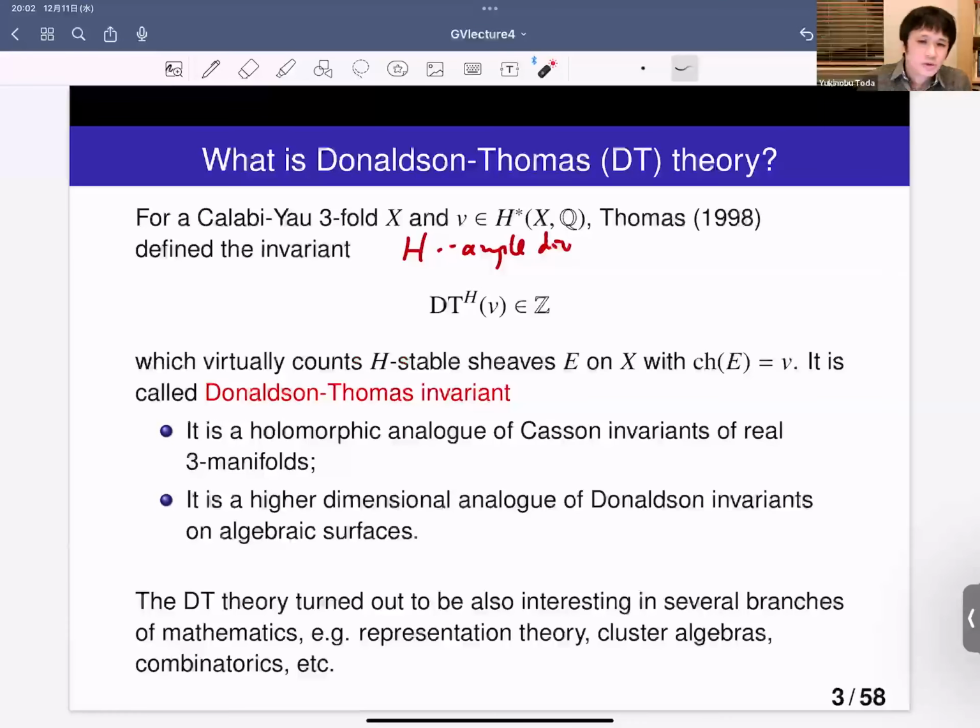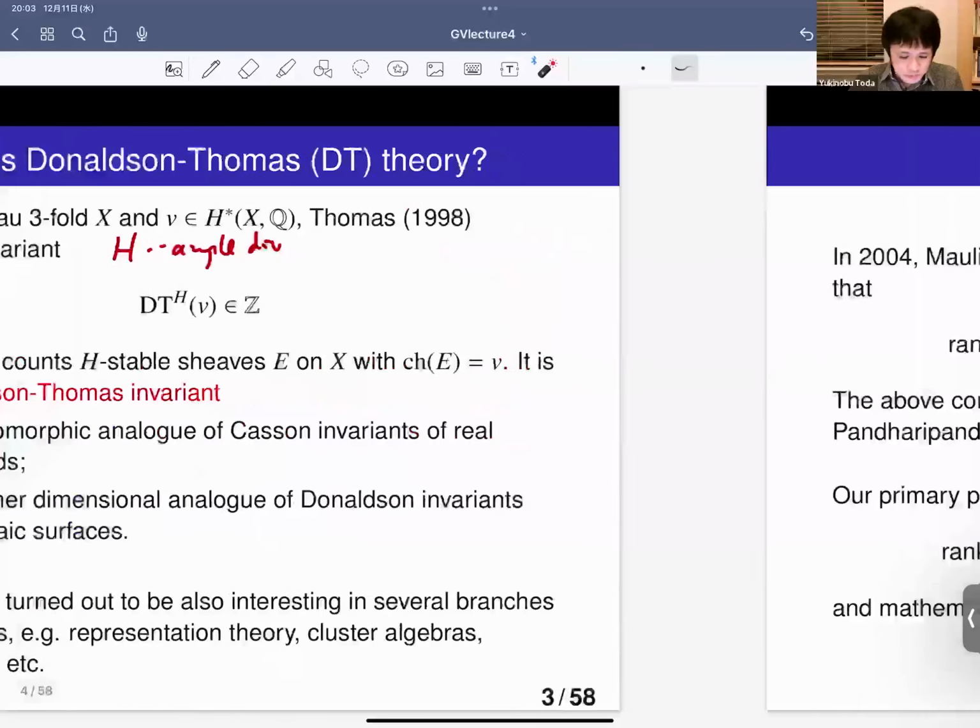This is also regarded as a kind of higher-dimensional generalization. This theory is very important and interesting in several branches of mathematics, not only algebraic geometry or mathematical physics, but also representation theory, cluster algebras, combinatorics, and so on.